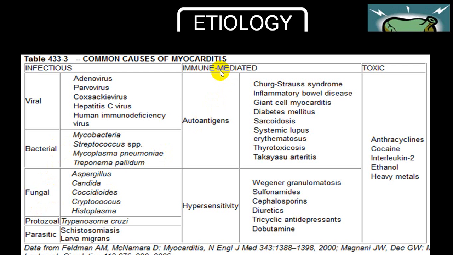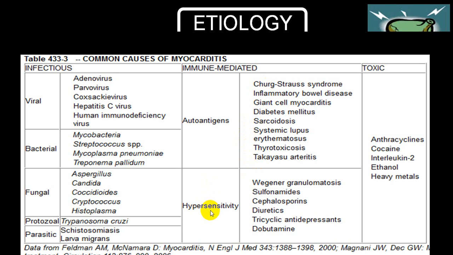Among the non-infectious group, immune mediated, where you can get auto-antigen, or we usually use the word autoimmune, where you can get different varieties: inflammatory bowel disease, Churg-Strauss syndrome, giant cell myocarditis, diabetes mellitus, sarcoidosis, SLE, thyrotoxicosis, even Takayasu.